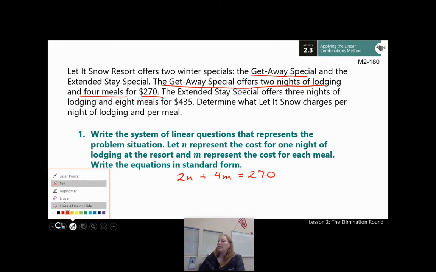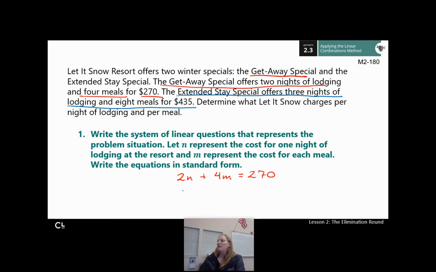The other option is the Extended Stay Special, and they offer 3 nights and 8 meals, so 3 nights plus 8 meals, and together it's $435. And here we have our lovely system of linear equations.